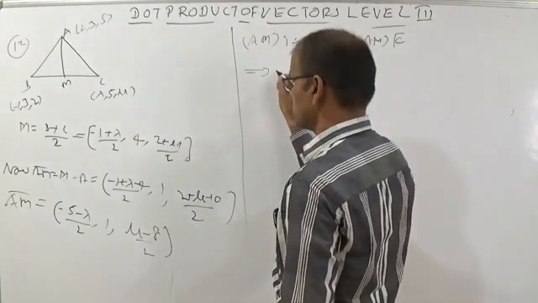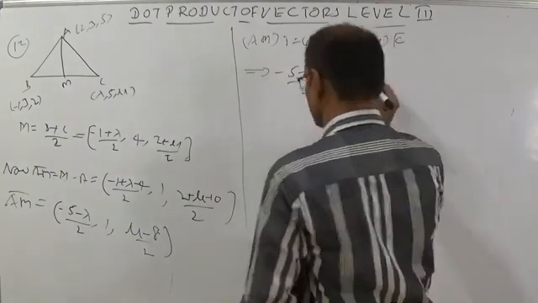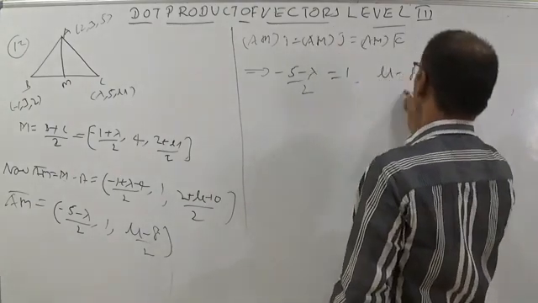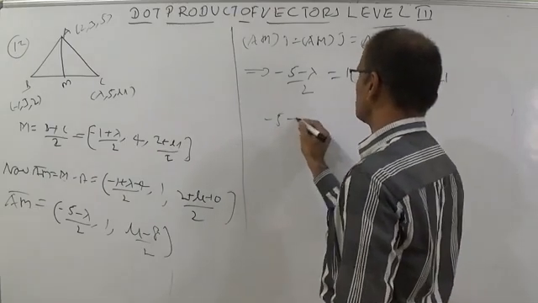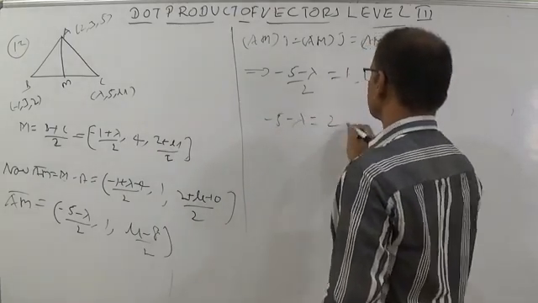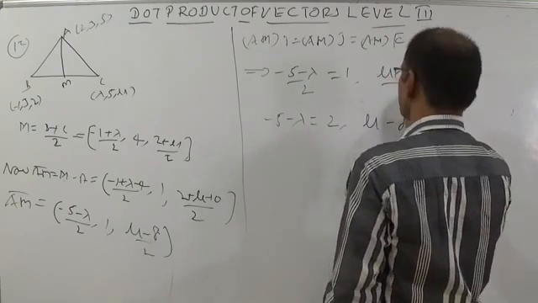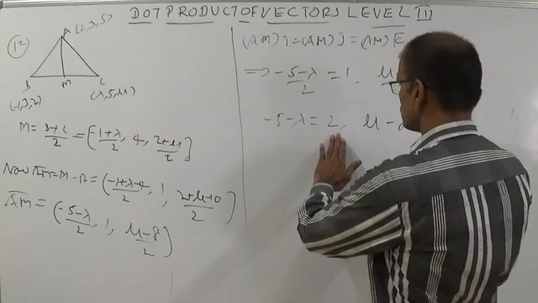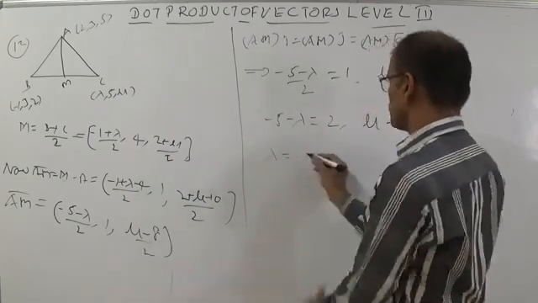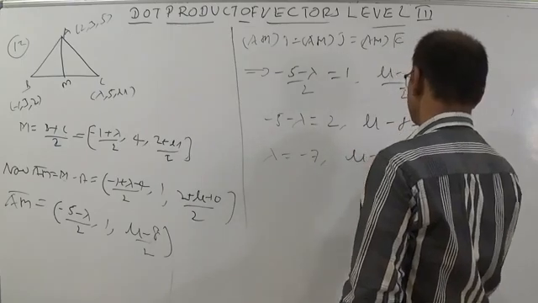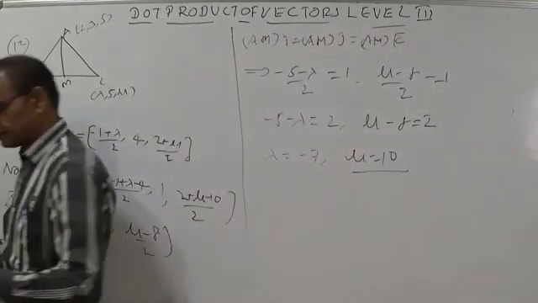That implies (-5 plus lambda) by 2 equals 1, (mu minus 8) by 2 equals 1. This is the hint given to us. So lambda is equal to -7 and mu is equal to 10.